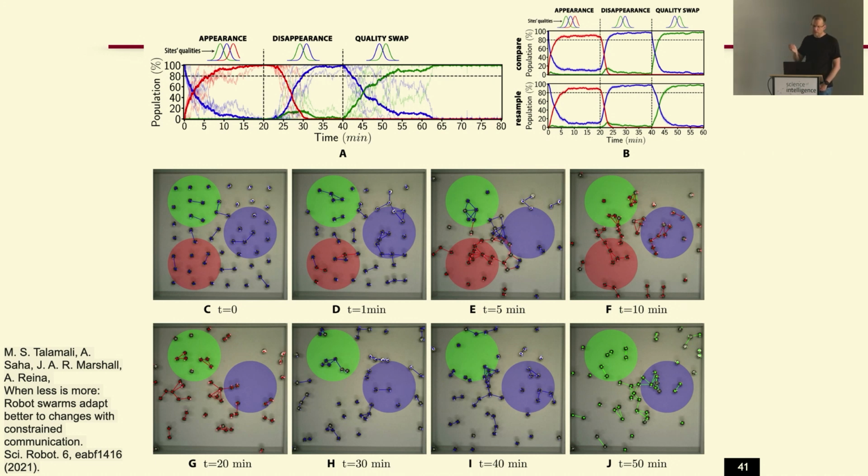They're measuring, for different methods, how quickly these robots adapt to this new situation. How long does it take them to get out of this potential lock-in state, where everybody agreed red is great, to understand that this actually changed now and we have to switch to something else? It might be that an option disappears, or that qualities swap and quickly change, and this is what you see happening in the arena.